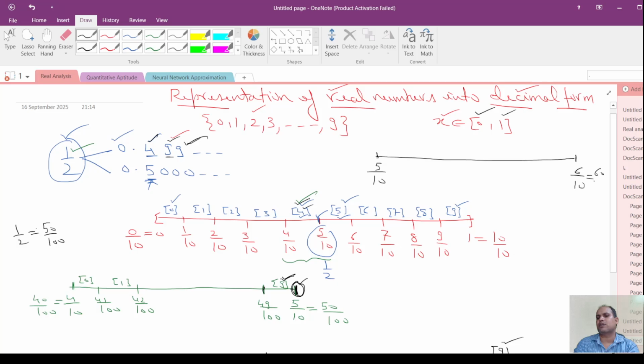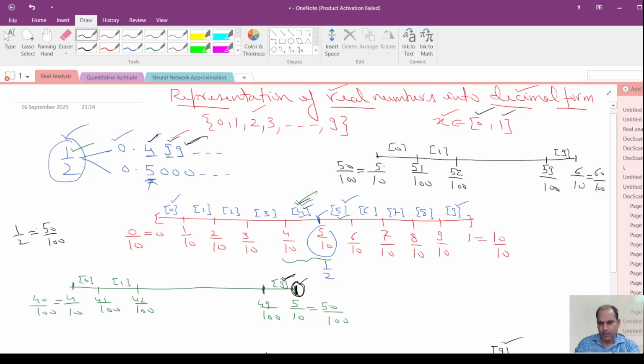I can write this end as 60 by 100 and the start as 50 by 100. The next point will be 51 by 100, 52 by 100, and so on, and this last point will be 59 by 100. Again label it by box 0, box 1 and the last will be box 9.